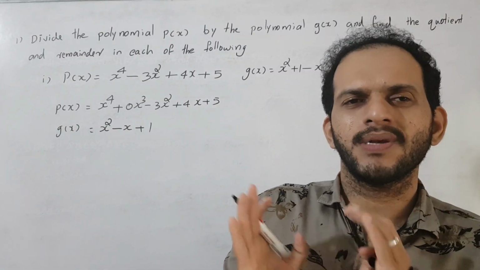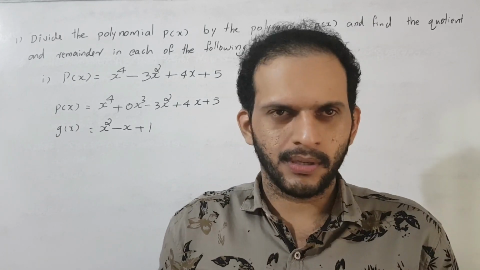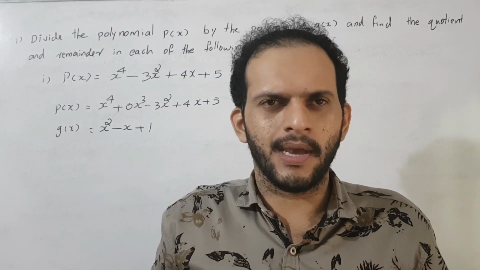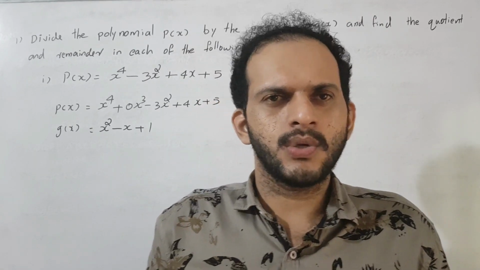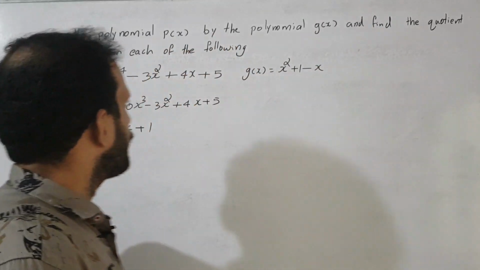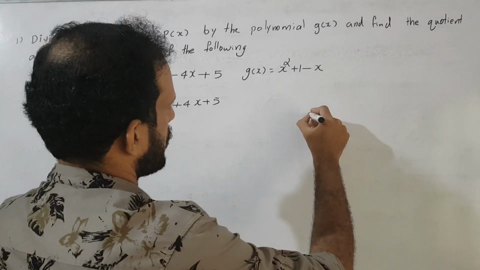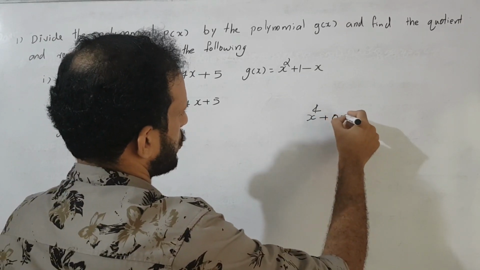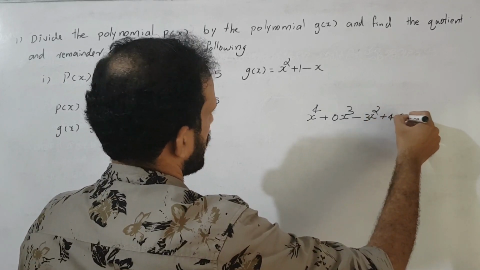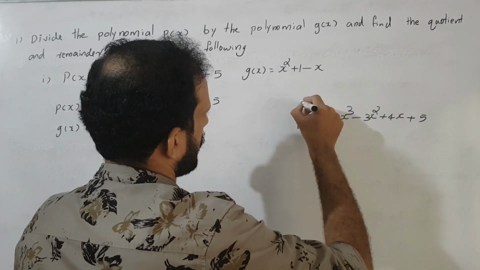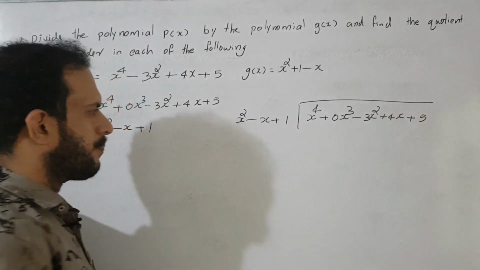Before dividing, you must check whether the given polynomials are in standard form or not. If they are in standard form, it's okay, otherwise we rewrite them in standard form. Clear? Next we divide p of x by g of x. That is x raised to 4 plus 0x cube minus 3x square plus 4x plus 5 divided by x square minus x plus 1.